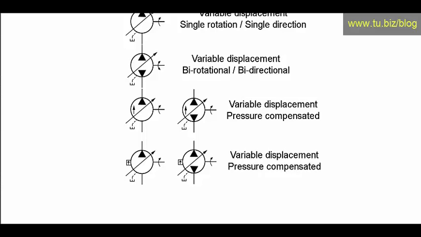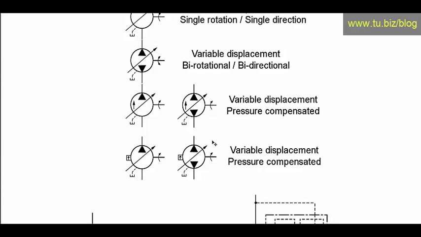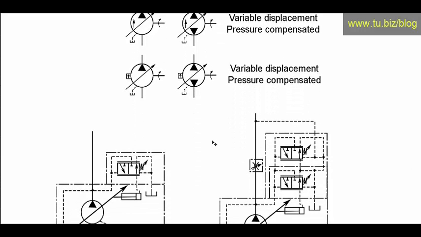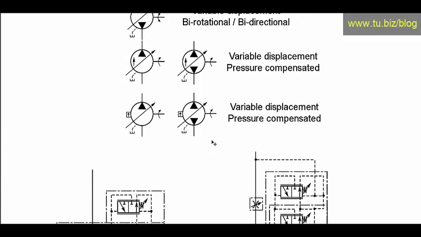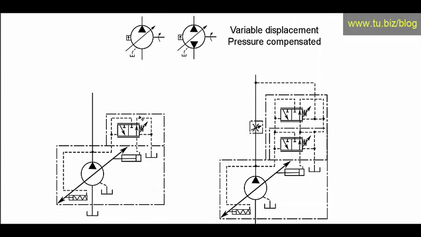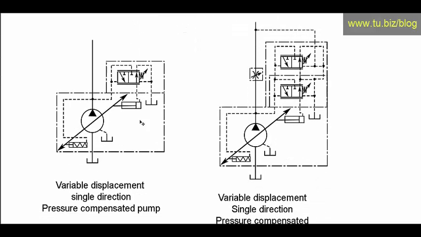So let's go to the next unit over here, and now we get into the more detailed drawings. For example, these two units over here are the abbreviation, the short version of a pressure compensated unit. Now, over here we have a pressure compensated pump.